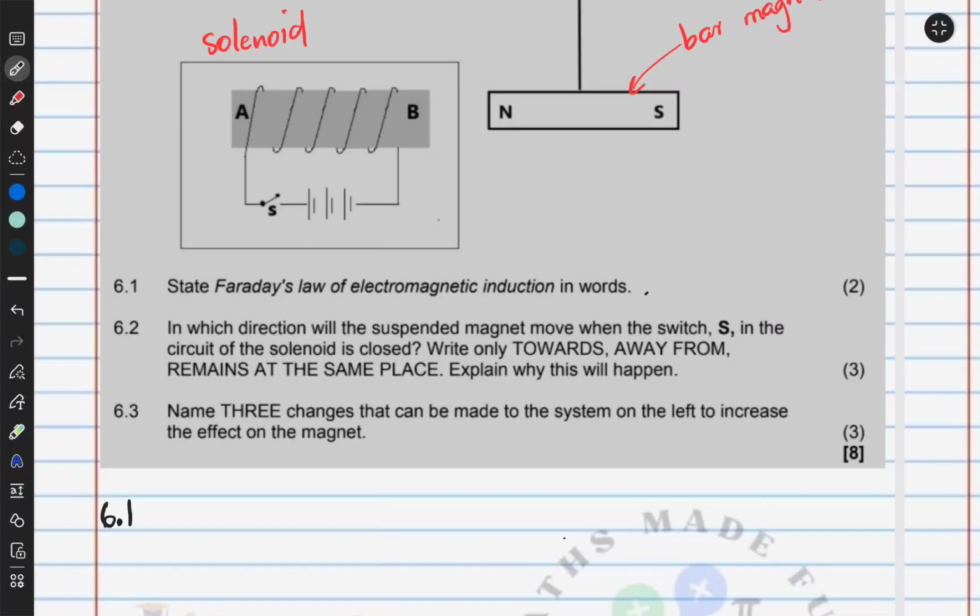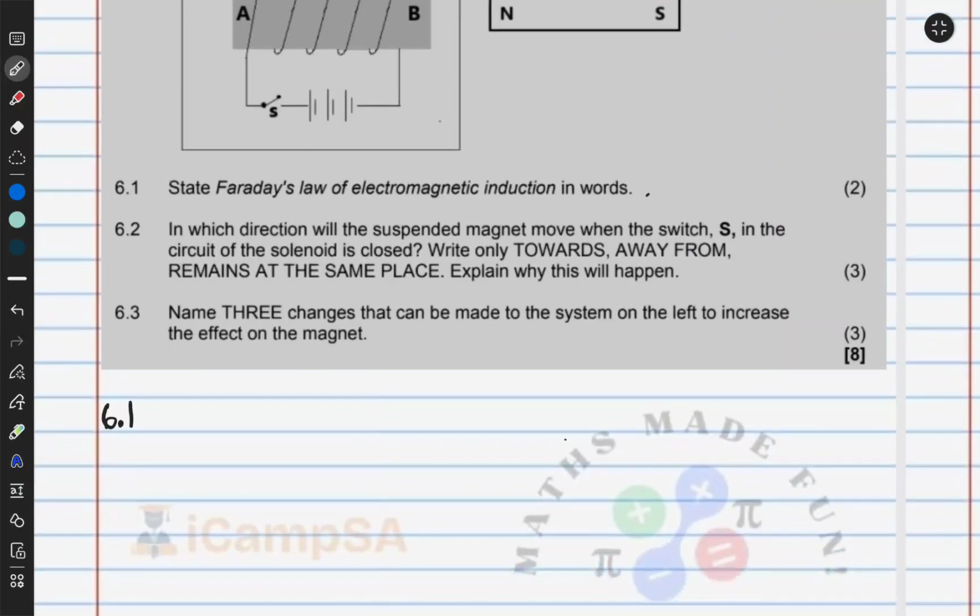But what will affect the magnitude of the EMF in the conductor is the rate of that change. So how fast it is changing is what affects the magnitude. That's basically what Faraday's law of electromagnetic induction says. That's what you would state.